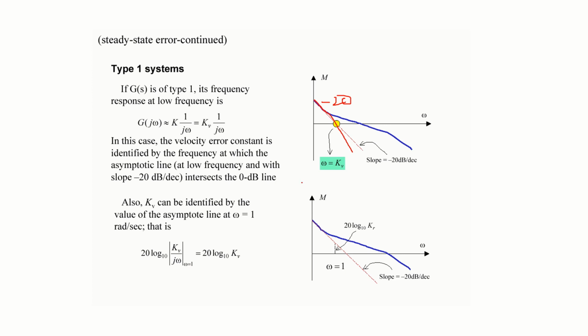The value is the asymptote line at omega equal to 1 radian per second. So 20 log Kv, so whatever value is there, you measure it and find the Kv value.